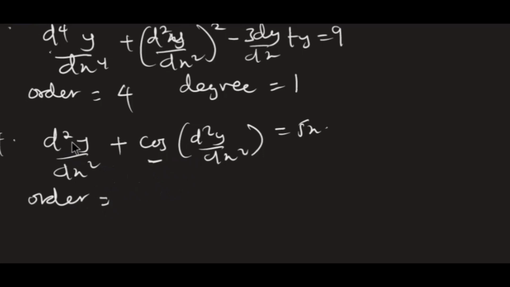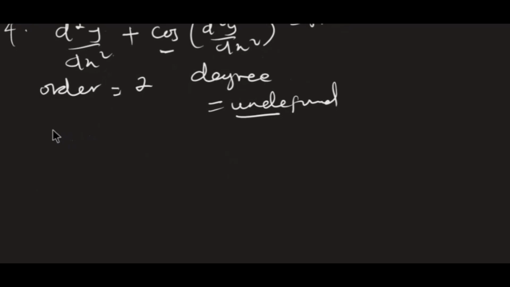The order here is 2, because that's the highest derivative we can find in our equation, but the degree here is undefined, because when you have a transcendental function of the derivative, our equation is not polynomial in its derivatives, so it doesn't have a degree. So the degree is undefined.